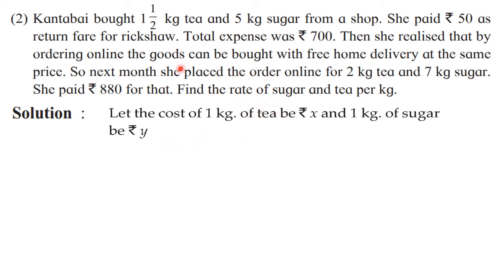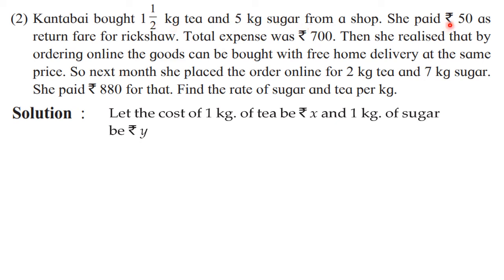Now let us read it again so that we can understand condition one properly. Kantabai bought 1.5 kg tea. This 1.5 kg, which is a mixed fraction, you have to convert to an improper fraction: 2 into 1 plus 1, so this is 3 upon 2 kg. We can write 1.5 as 3 upon 2.